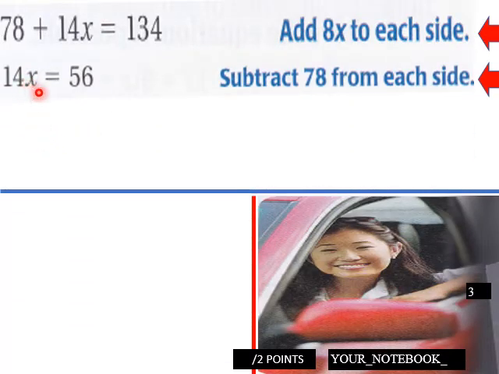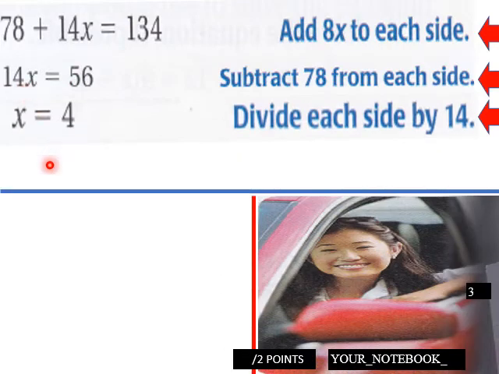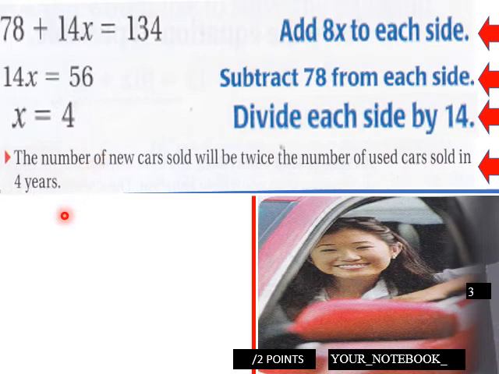And then we subtract 78 from both sides. We've got 14x equals 56. Then we divide through by 14, and we get x equals 4. So the number of new cars sold will be twice the number of used cars sold in 4 years.